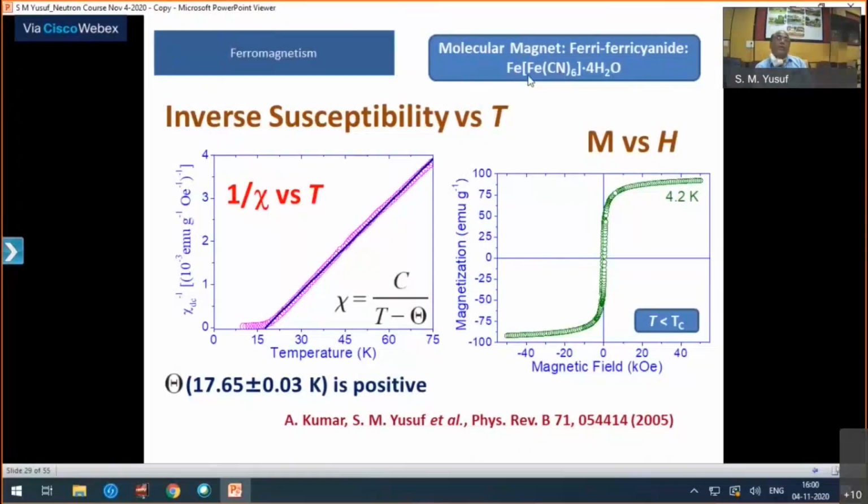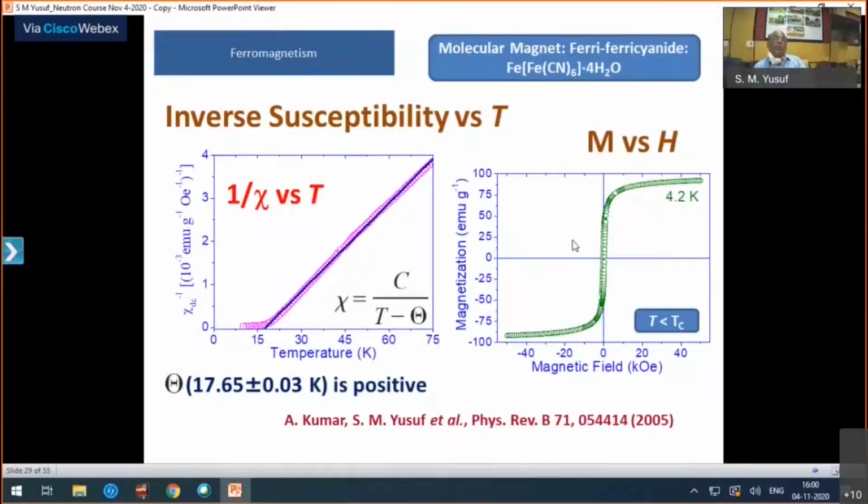Iron is magnetic because there is a 3d electron shell where unpaired electrons are there, as I already told you. So these are the magnetic elements. But from DC magnetization, you get to know the bulk property as a whole: how much is the magnetization, emu per gram or Bohr magneton per formula unit, and so on.